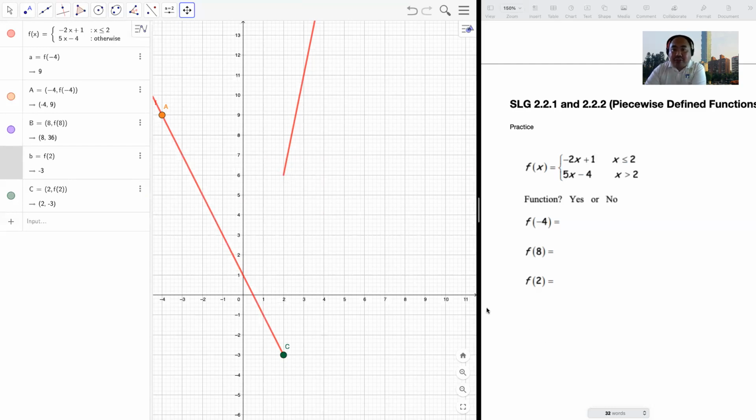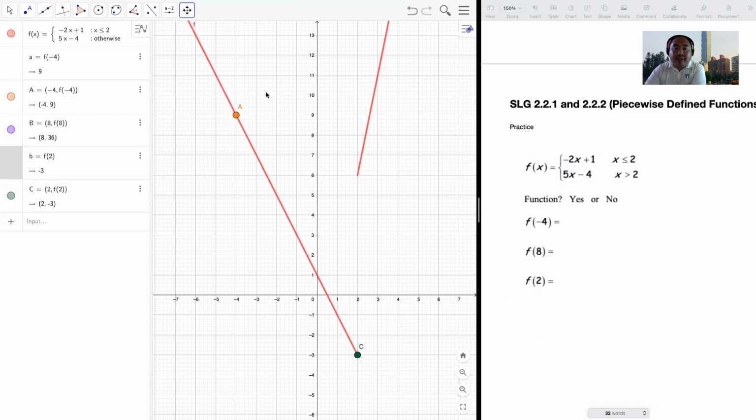And to answer the question, is this a function? Yes, because the vertical line test will always hold true. That means if you drop a vertical line along this function anywhere, you will only intersect at one point.